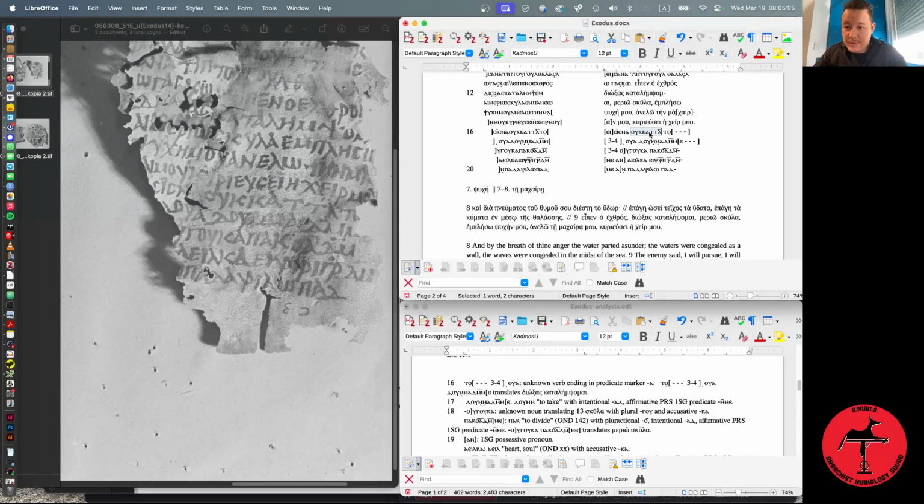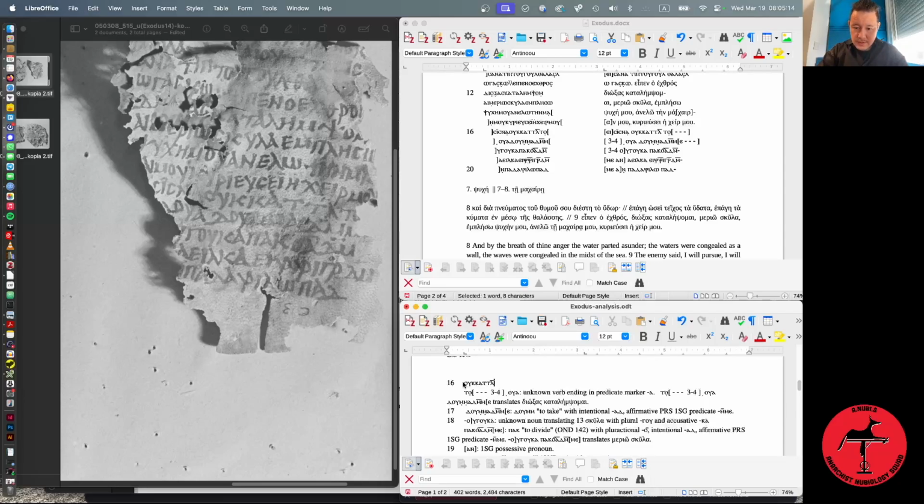And then we simply have cattle as enemy with determiner lambda, and then we have isisna.